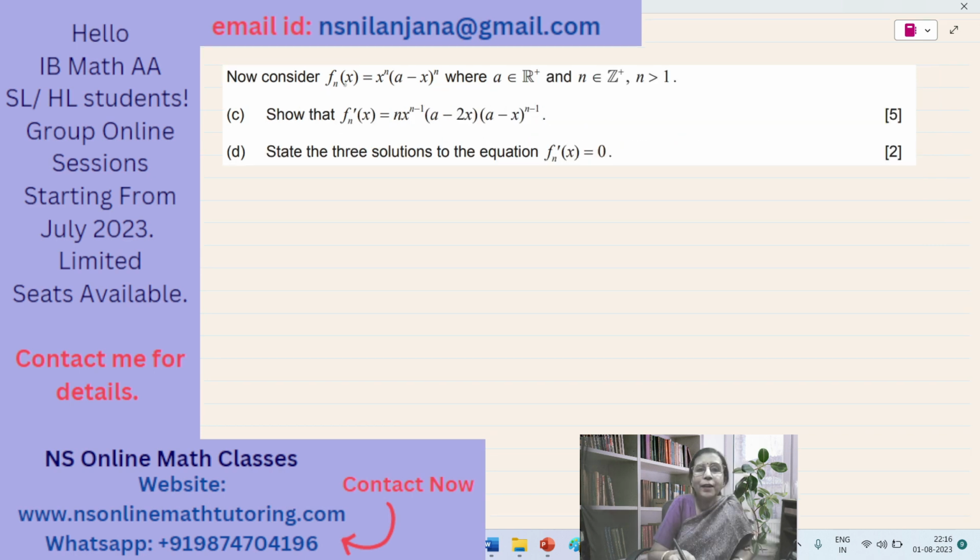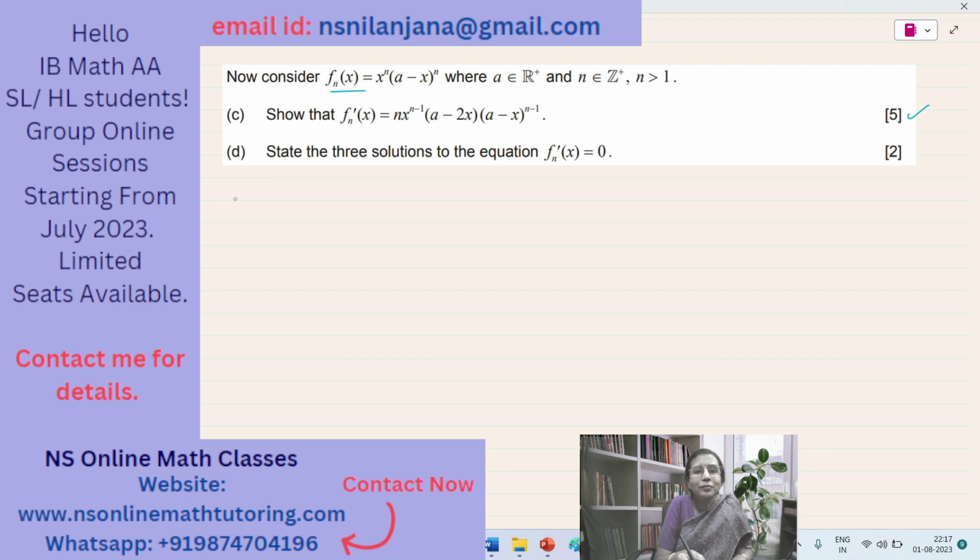Now consider f_n of x equal to x to the power of n times (a minus x) whole raised to the power of n, where a is a positive real number and n is a positive integer greater than 1. Subpart C says, show that f_n dash of x, that is the first derivative of f_n of x, equals n times x to the power of n minus 1 times (a minus 2x) times (a minus x) whole raised to the power of n minus 1, and it carries 5 marks.